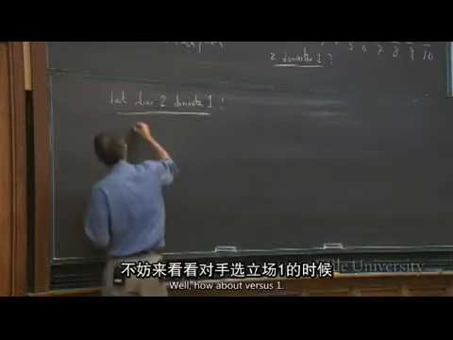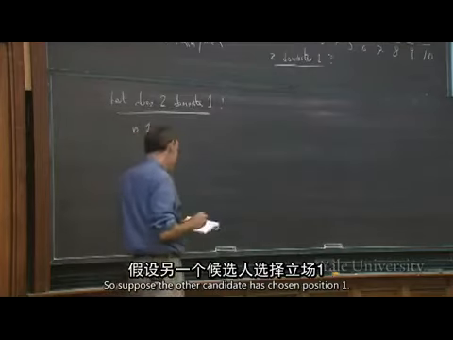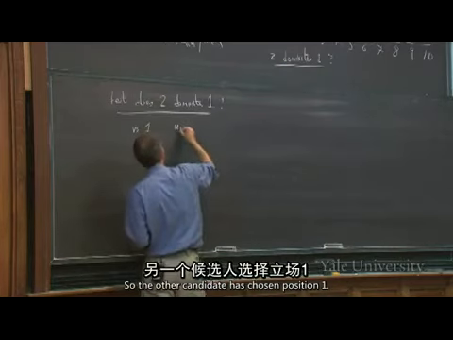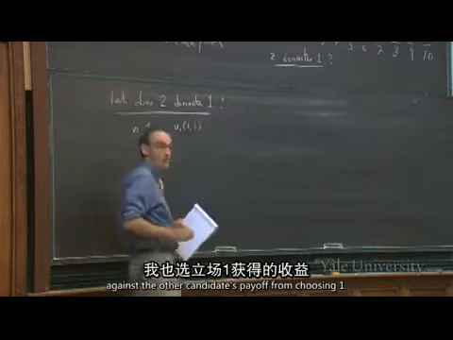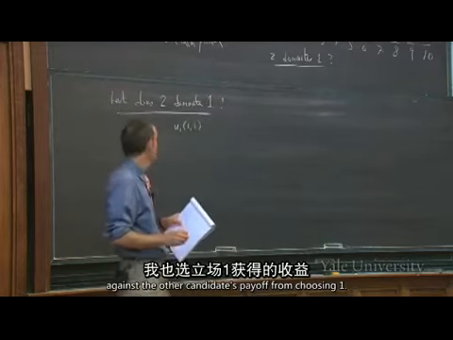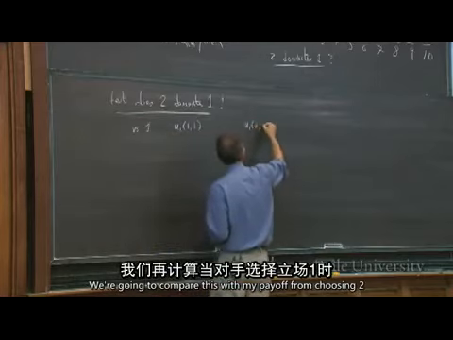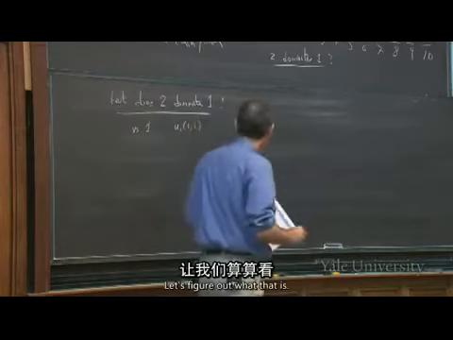All right. Well, how about versus 1? Right, so suppose the other candidate has chosen position 1. Then we're going to compare my payoff from choosing 1 against the other candidate's payoff from choosing 1. We're going to compare this with my payoff from choosing 2 against the other candidate choosing 1. All right, let's figure out what that is.